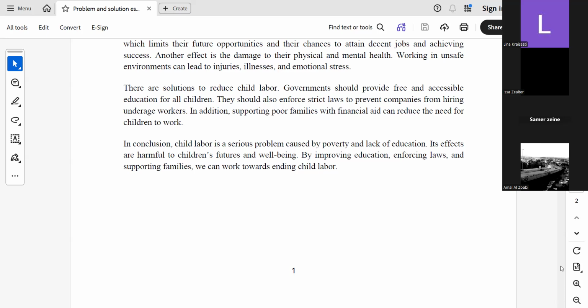The first body paragraph is going to be about the causes. The second body paragraph is going to be about its effects. Third is about the suggested solutions to end this problem. And the conclusion: you restate the thesis statement, which has already mentioned that this problem has causes, effects, and solutions.